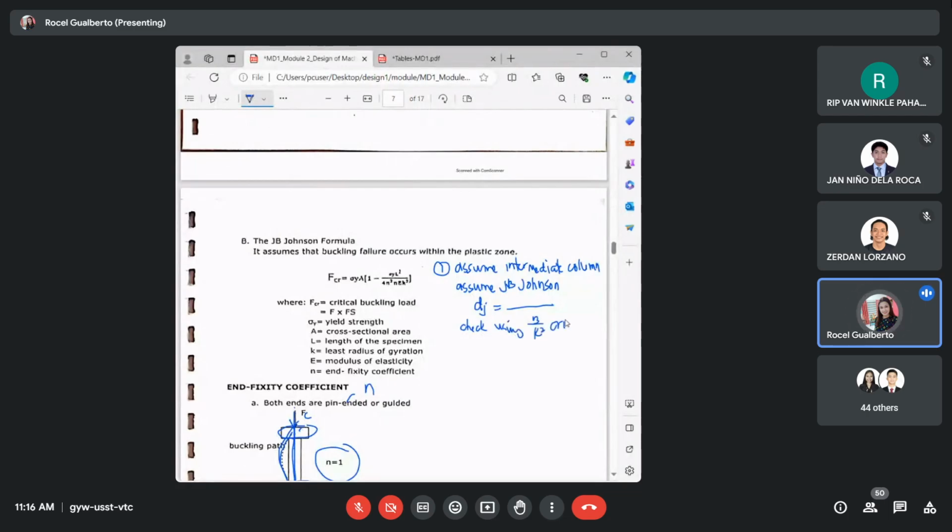So, nag-check ka using the B over K squared criterion. Halimbawa ito yung nakita natin. If B over K squared is less than 2, we say JB Johnson governs the design.